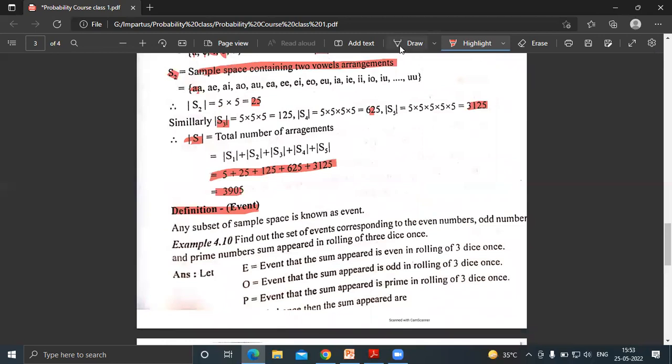Suppose A is one set, that is {1, 2, 3, 4}.